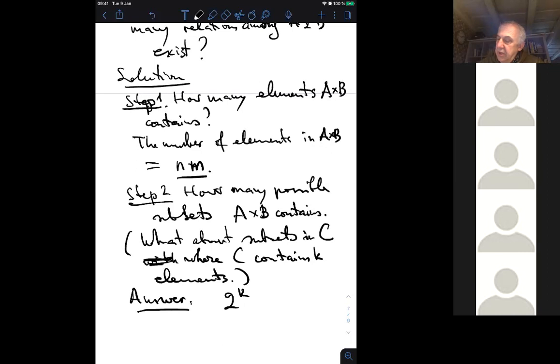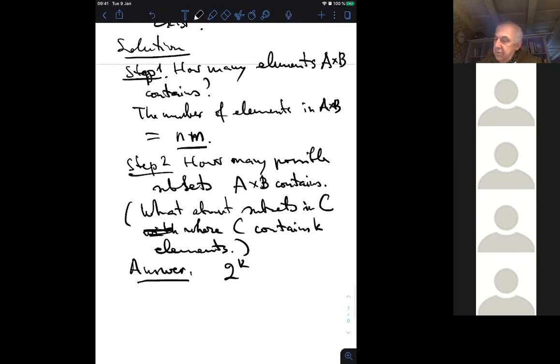Why is that? Well, here is the proof why the answer should be 2 power K. So we have 1, 2, 3, up to K elements. And for each element, we choose either a 0 or 1, or either plus or minus if you want.